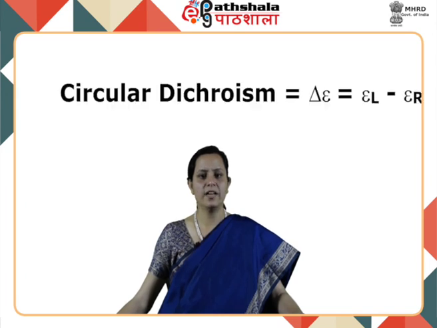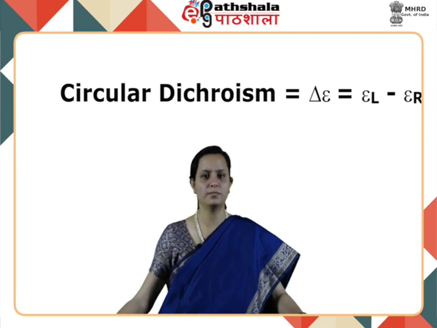So, circular dichroism is delta epsilon, which equals epsilon L minus epsilon R.